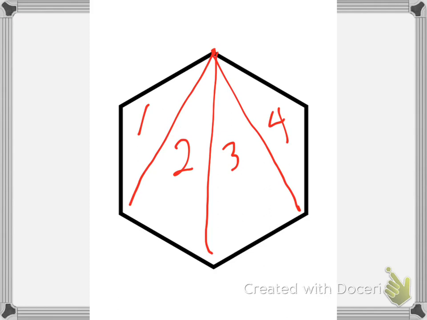So now, we are going to take 180 and multiply it by 4 because I have 4 triangles. Remember, all the angles of a triangle add up to 180 degrees. So now, if I take 180 times 4, that's going to give me 720 degrees.